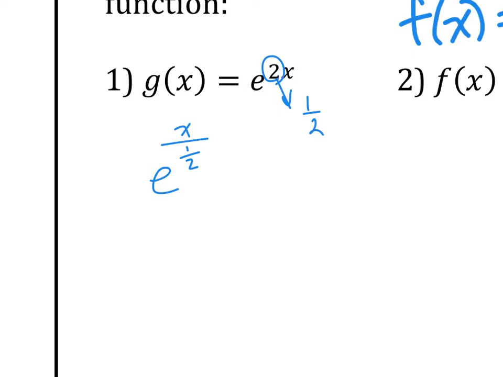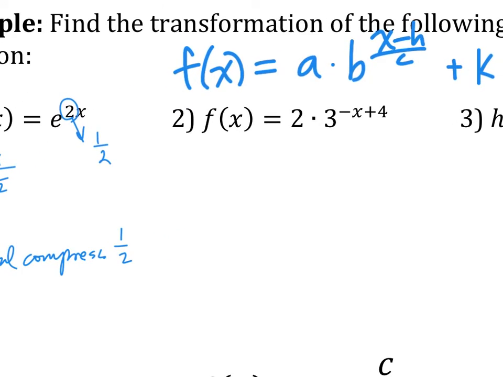So now that c value is 1/2. 1/2 is less than 1, or between 0 and 1, so this is going to be a compress. So horizontal compress 1/2.